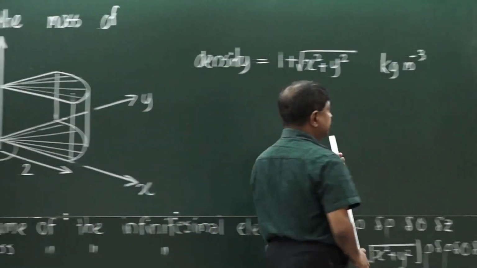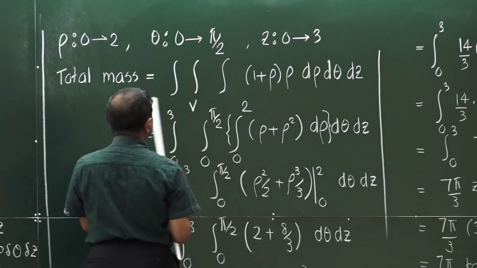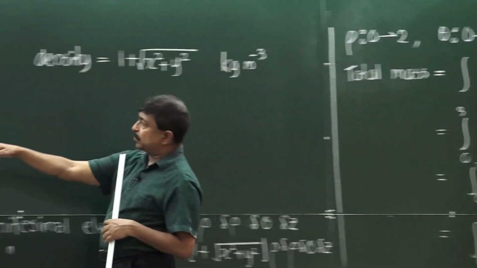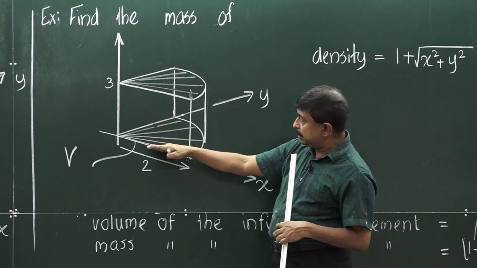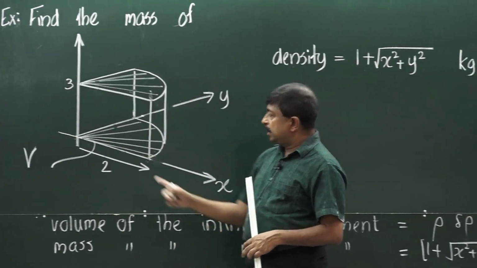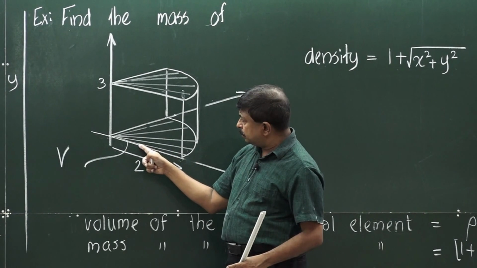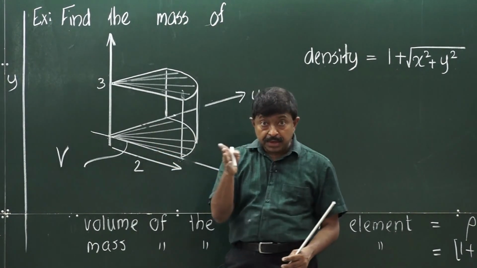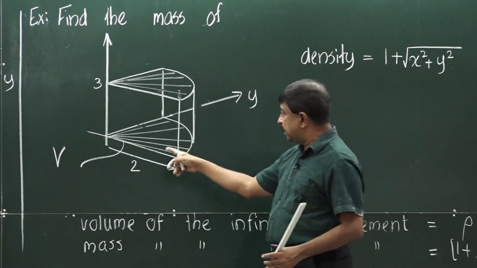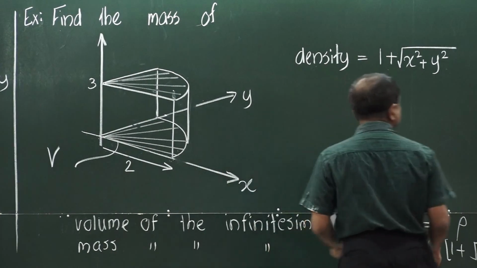So, the limits of Z are from 0 to 3. It starts from 0 at the xy plane up to this plane. Then the angle varies from 0 to pi by 2, because it is between the x and y axes here. So, angle varies from 0 to 90 degrees.